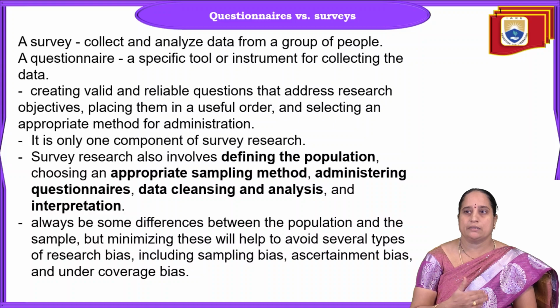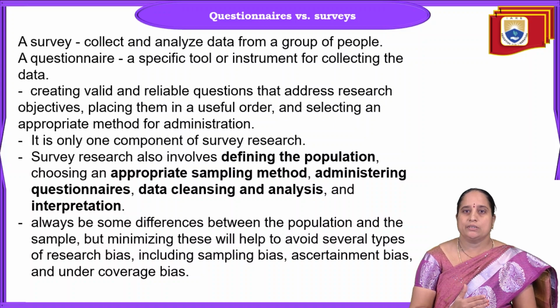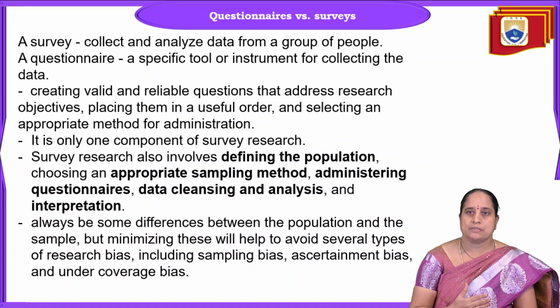After collecting the data by using a questionnaire, we are able to interpret the collected data by using different types of scientific methods. Sometimes we can find differences between population and samples.